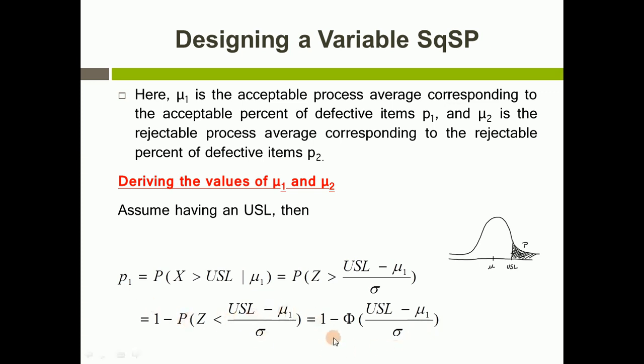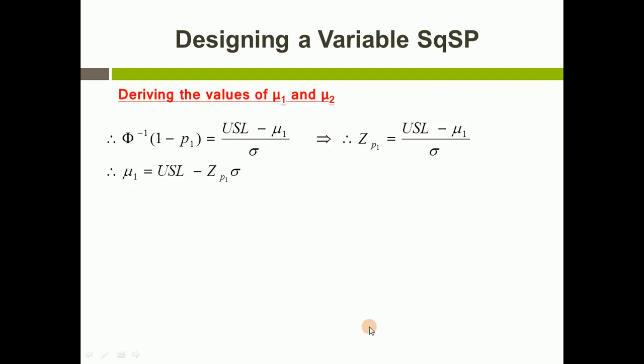Then what we shall do is take 1 minus this side, so it would be 1 minus P1, leaving on the right side phi of (USL minus mu1) over sigma. In this situation, we can get the inverse of the CDF, phi inverse of 1 minus P1, which would be equal to this value.